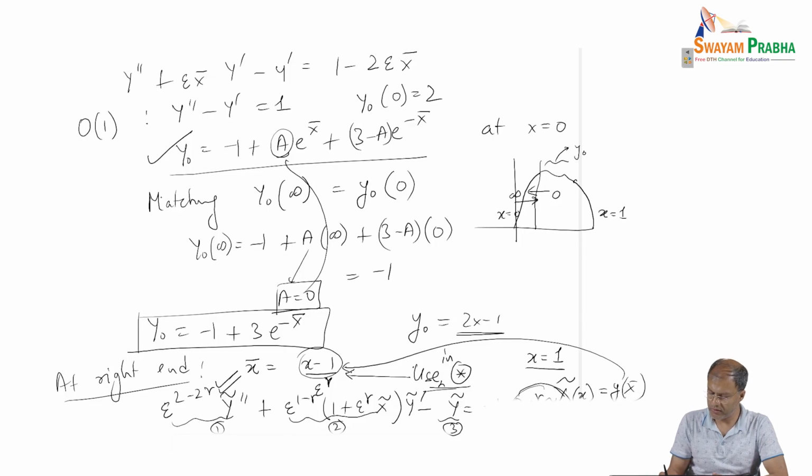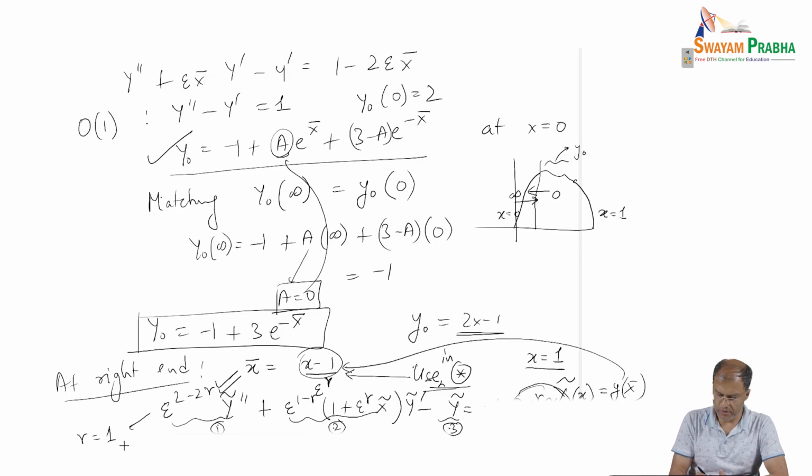Why? Because gamma is greater than 0. So we can compare term number 1 with either term number 2, 3 or 4. If we continue doing that exercise, we will land up with the fact that gamma comes out to be 1.